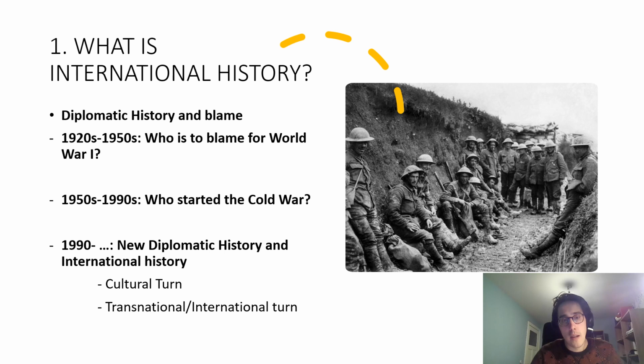So all these things really gave international history the appeal that it has today. From debates about blame have shifted now towards more holistic attempts to think about causation and why things happen.